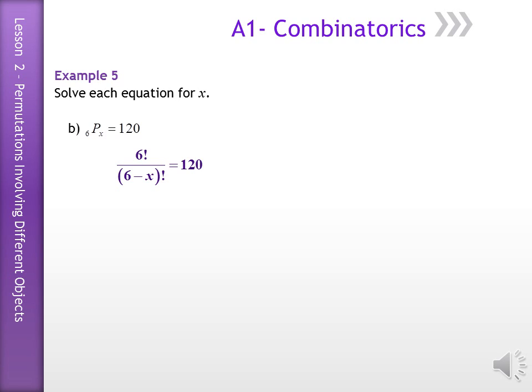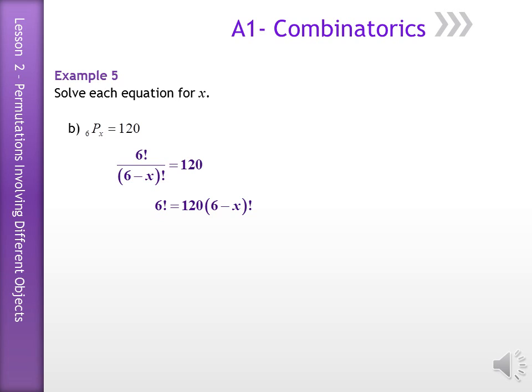And we can think of the 120 as being 120 over 1, and we can actually cross multiply here. So if we do 6 factorial times 1, we just have 6 factorial equals, cross multiply the other two is 120 times 6 minus x factorial.